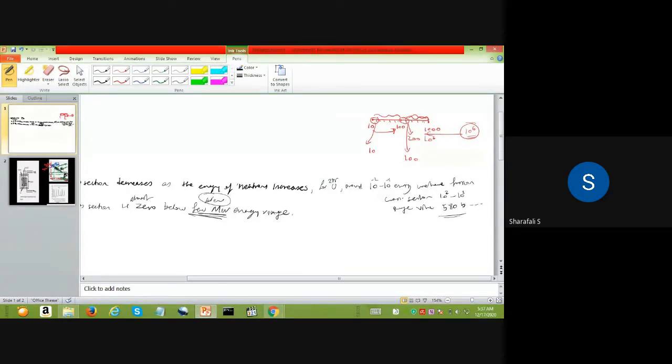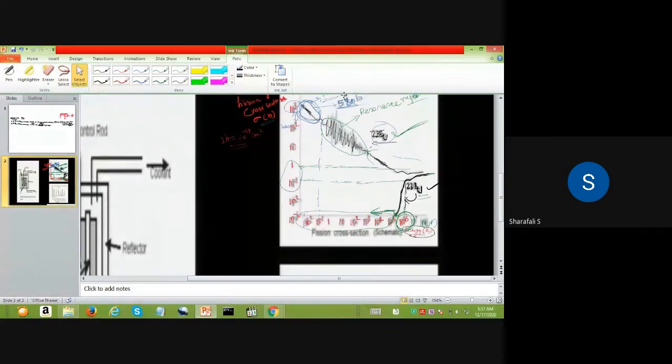So these things we discussed already. For thermal neutrons, we have around 580 or 600 barns that we already discussed.